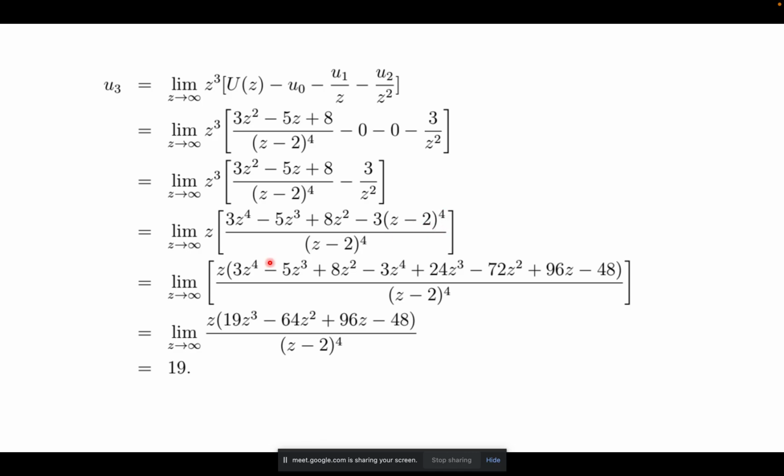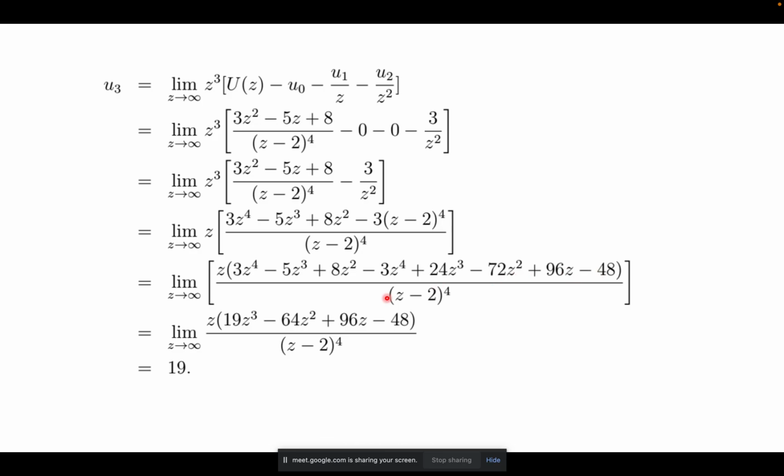So I can again rewrite this equation by multiplying z inside, where I have simplified the (z minus 2) power 4 function in this.